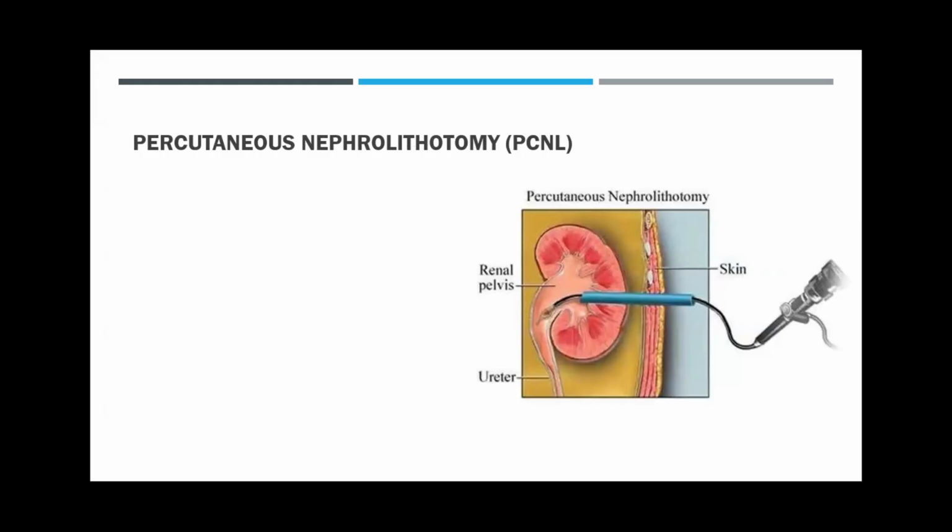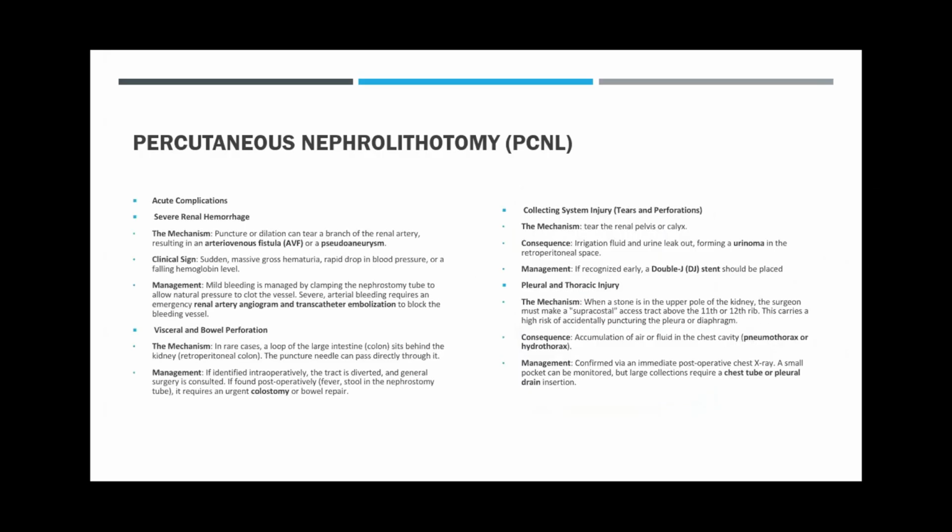Yes, and then regarding PCNL, which is percutaneous nephrolithotomy, it can have an acute complication with severe hemorrhage, and that mostly can be due to puncture or dilatation of the kidney, which can cause a tear of a renal artery branch and can lead to formation of an arteriovenous fistula or pseudoaneurysm.